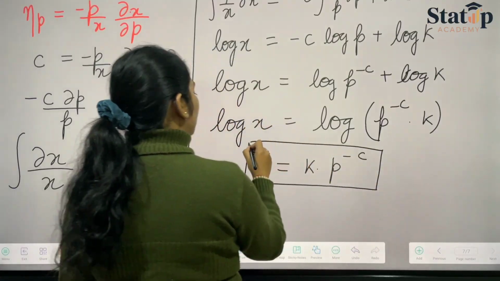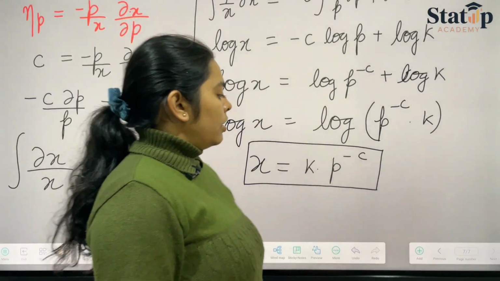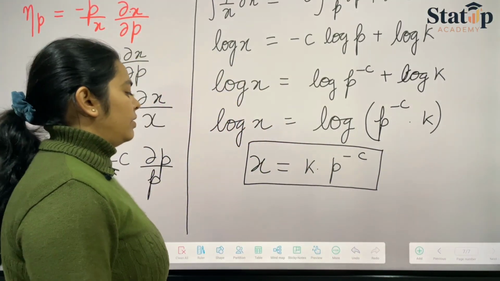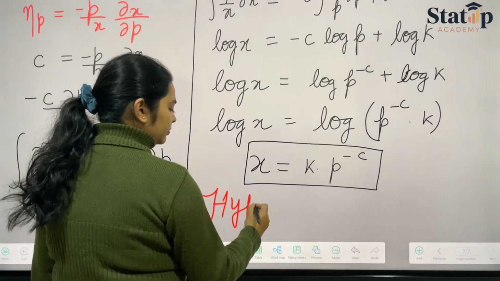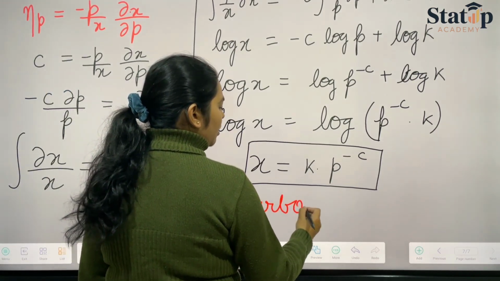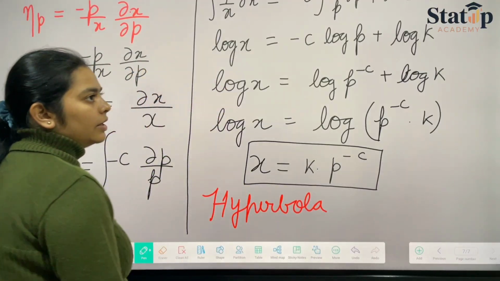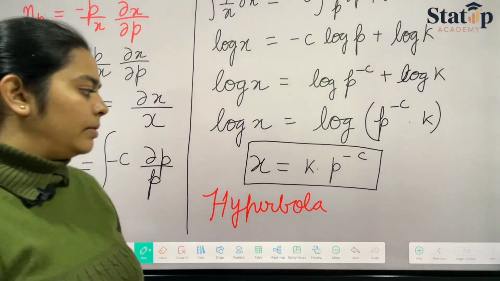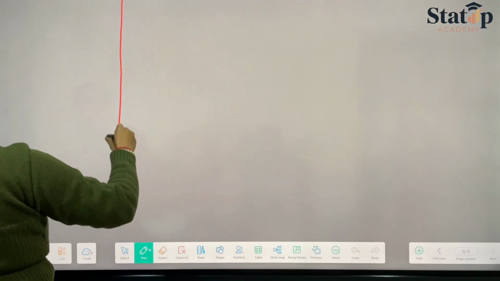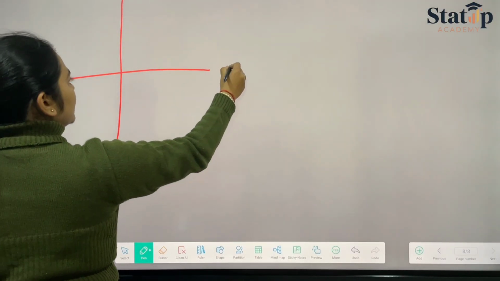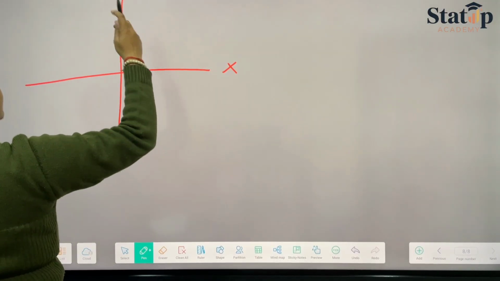Now seeing the equation here, we can say that this is the equation of a hyperbola. What is a hyperbola? This we have done in our 10th, 11th and 12th classes. If I draw a graph of a hyperbola here, suppose this is the x-axis and this is the y-axis.